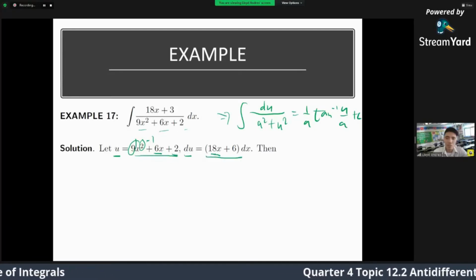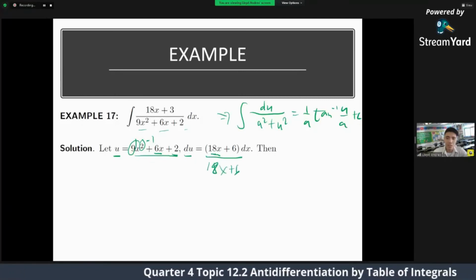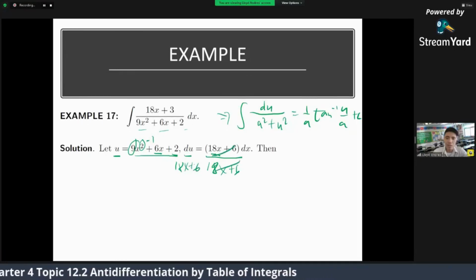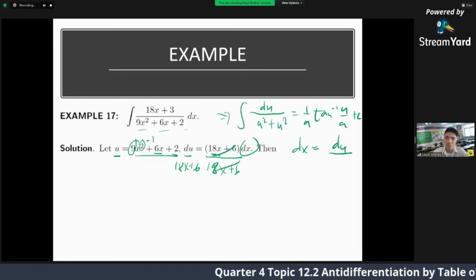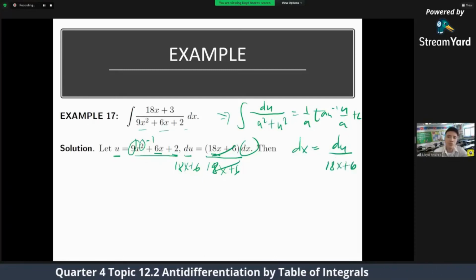Dividing both sides by 18x plus 6 so that only dx remains, dx is equivalent to du over 18x plus 6.